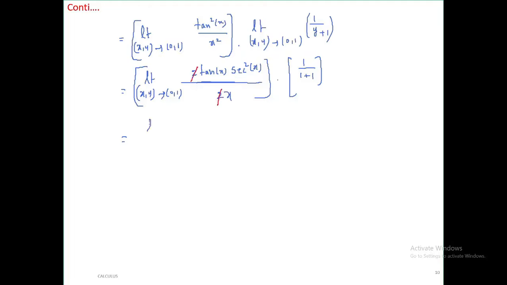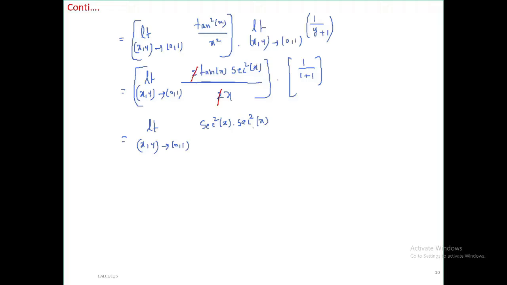What do we get? The limit as (x, y) reaches (0, 1). UV method, isn't it? First, the derivative of tan x is secant square x, into secant square x as it is.